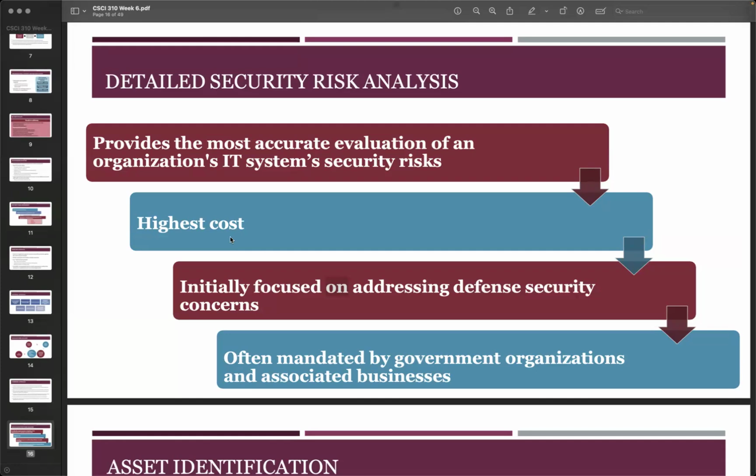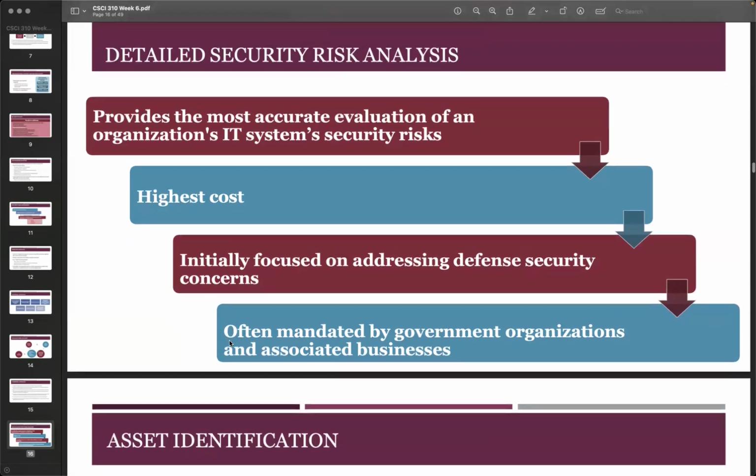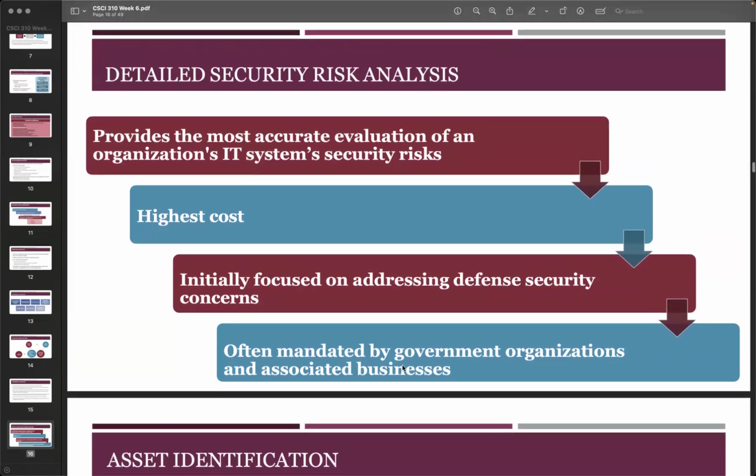Okay, so initially we focus on addressing the defense security concerns, which are often mandated by the government organization or associated business. With government, we even have higher security checking. If a company has a policy, to access it they require you to use a VPN.